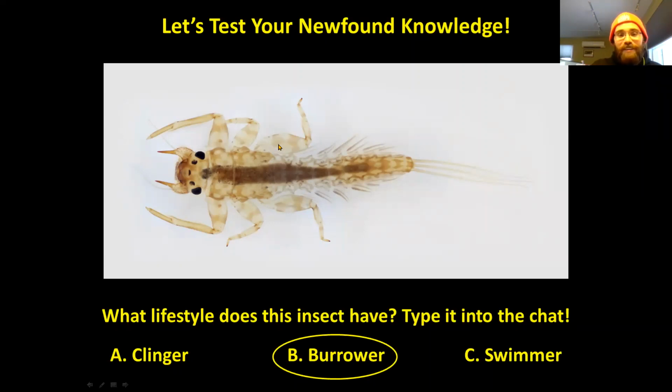Those are pretty chunky. This is a burrowing mayfly that doesn't quite have the scoopies on the front legs, but the tusks are going to be the thing you're looking at on this particular mayfly.